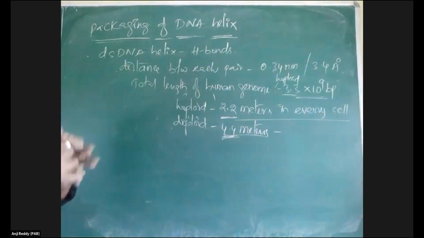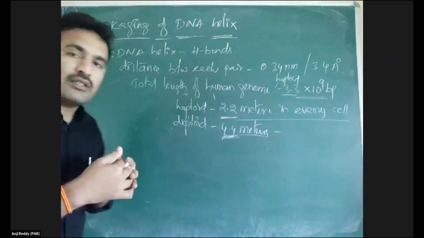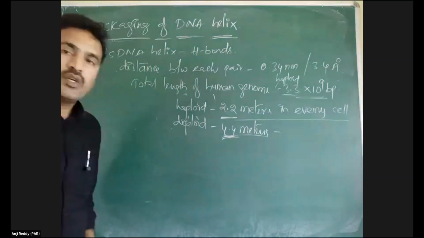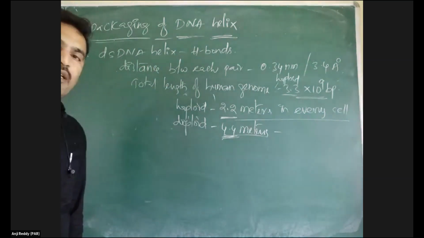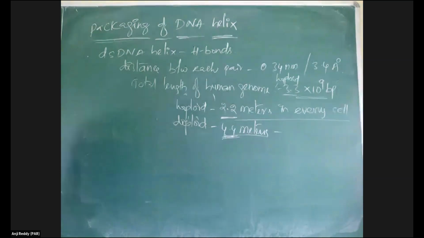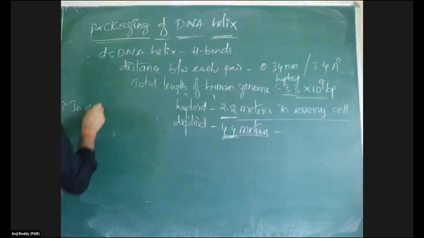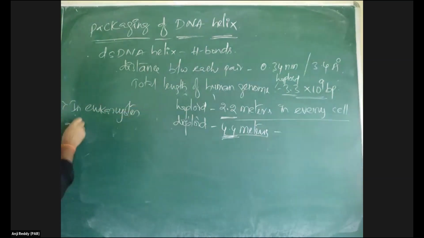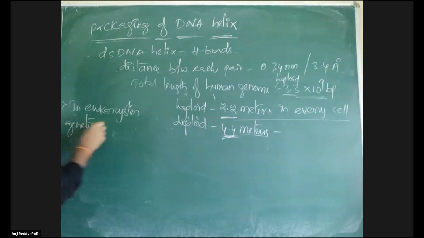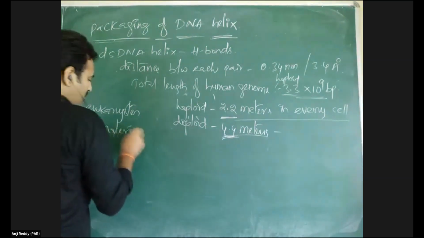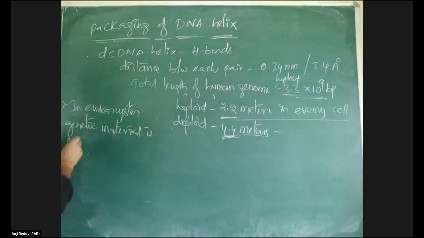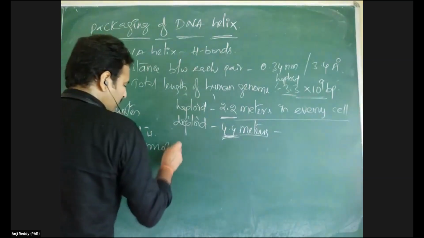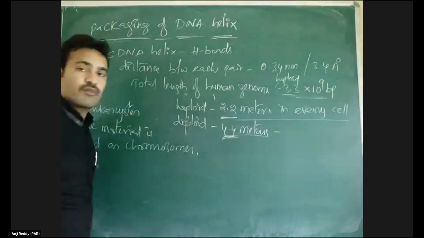It is packed to form different levels of organization like nucleosome, then chromatin, and chromosome. So, in eukaryotes, genetic material is packed as chromosomes. Why?